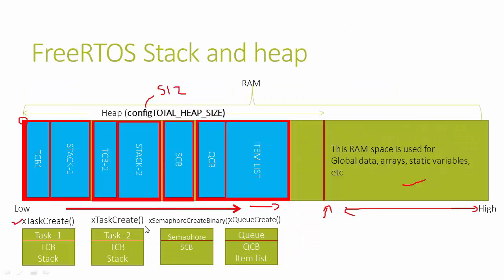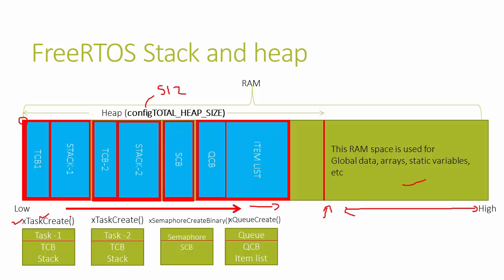Now you came to know that as you create kernel objects like tasks, semaphores, and queues dynamically, they will consume heap, right? So there should be some code which allocates memory as you call these functions, isn't it? It looks like xTaskCreate may call a malloc inside it to get the memory from the heap.